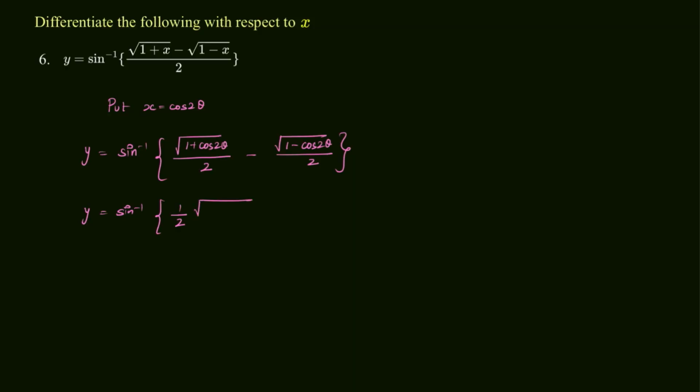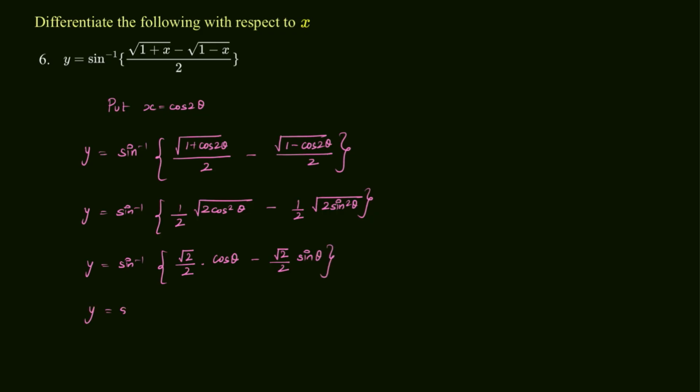Square root of 1 plus cos 2 theta can be written as 2 cos square theta minus 1 by 2. Square root of 1 minus cos 2 theta is 2 sine square theta, equals sine inverse of square root of 2 by 2 into square root of cos square theta is cos theta, minus square root of 2 by 2. Square root of sine square theta is sine theta.